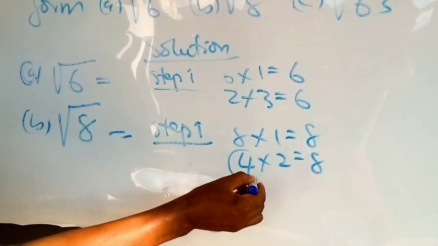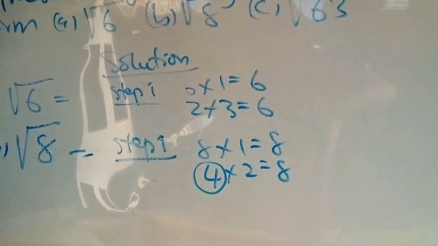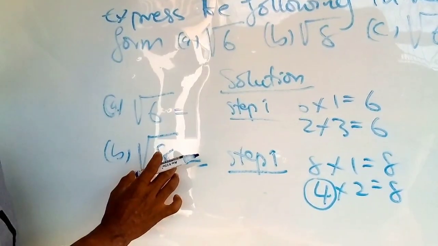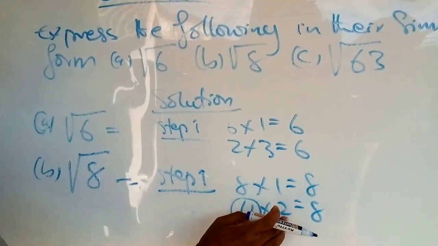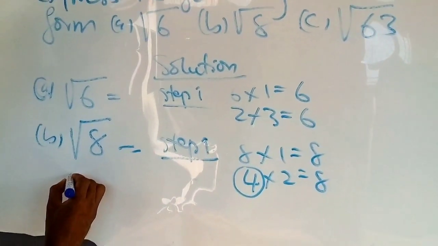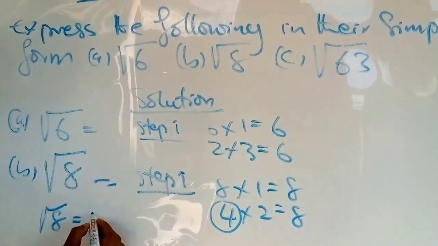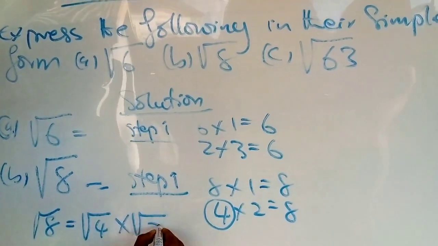4 is a perfect square. And because 4 is a perfect square, we're going to split this surd into those two factors, 4 and 2. So that what you have now will be root 8 is equal to root 4 times root 2.